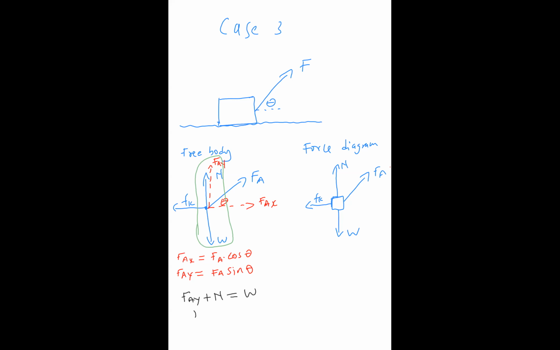Meaning that normal force is defined by weight minus FAY. So this is mg minus FA sine of theta. So this is how you should define the normal force for this case.